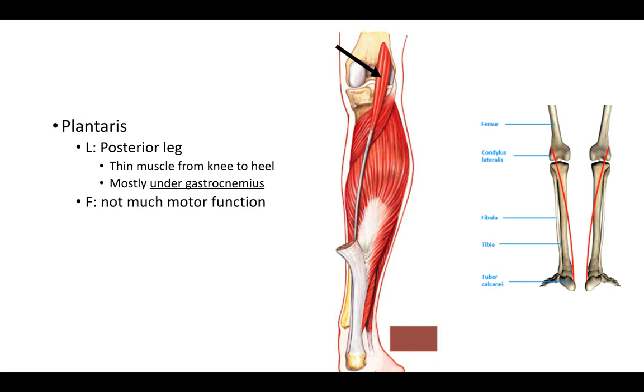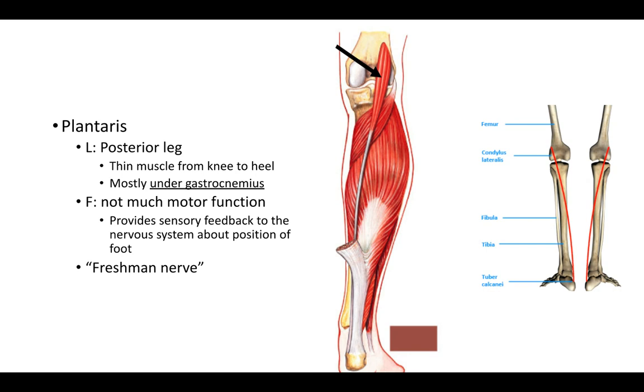We don't really know terribly much about the motor function of this muscle, but it does serve a sensory function, which is kind of interesting because most muscles typically have a motor function. This muscle will provide some sensory feedback to your brain about the positioning of your foot, which is going to help you, of course, in any motion that you're going to make with your foot.